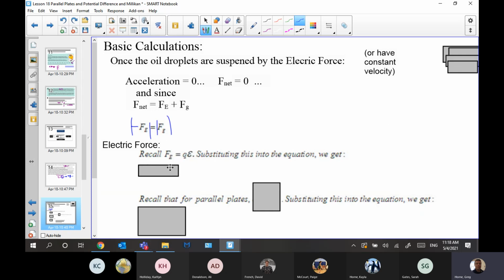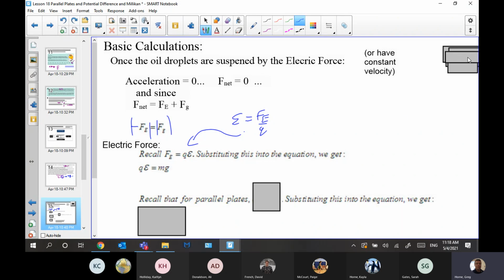So we know that equation right there. I want you to recognize that I'm good with curly E equals Fe per Q, force per charge. And so that becomes this equation, of course, right? And then we've got gravity is mg.